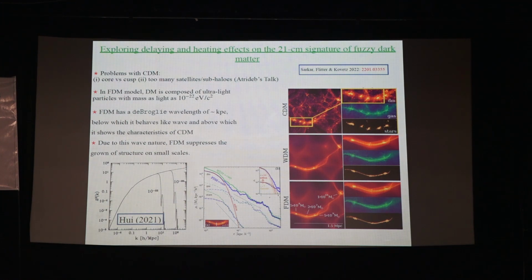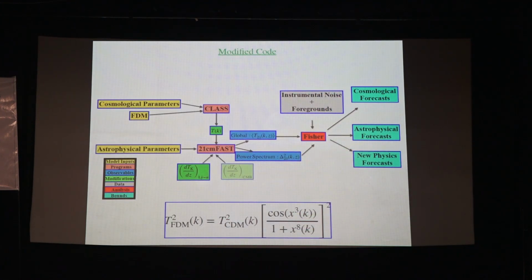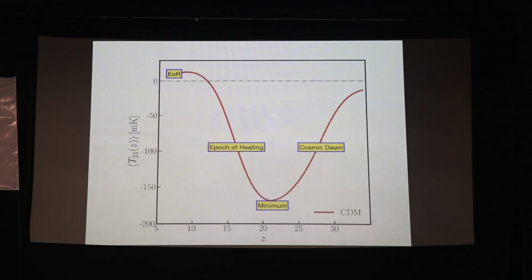We actually did implement these FDM calculations into this modified version of the code, and we basically modified the transfer function mainly. We did all the calculations, fit into the 21 centimeter flux, and made predictions for the fuzzy dark matter.